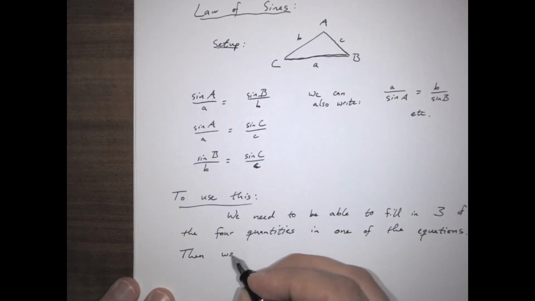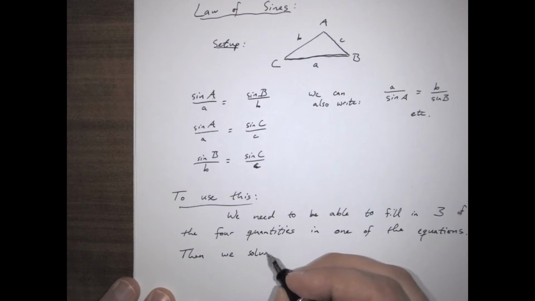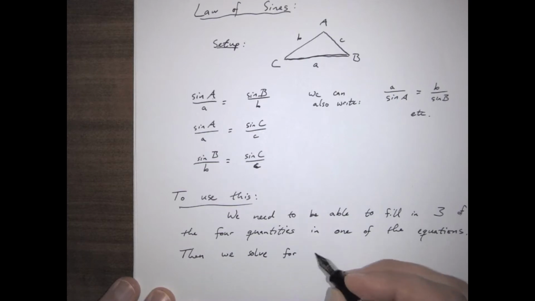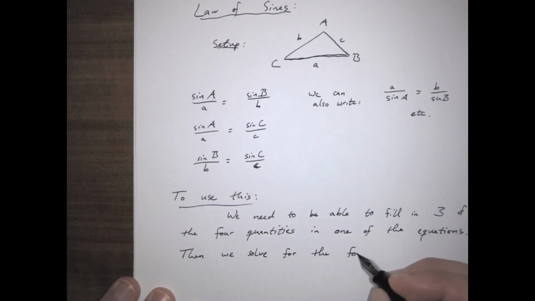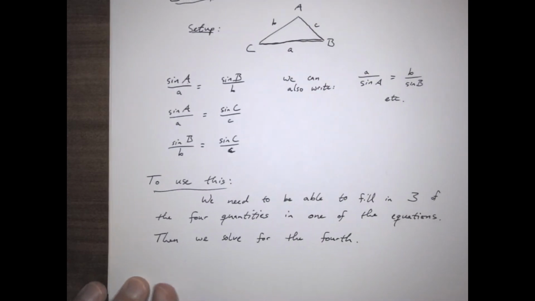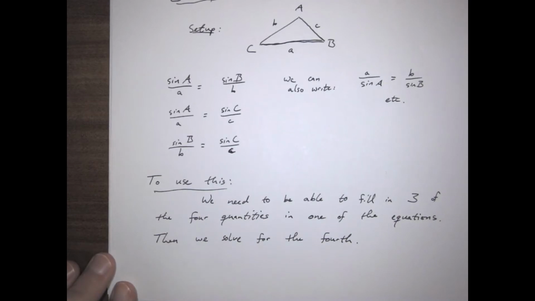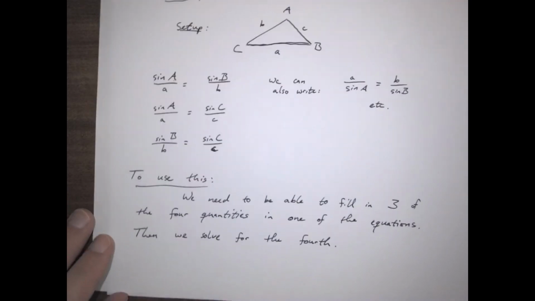Then we solve for the fourth one. So in other words, we need a matching pair, angle and side, plus one other, either angle or side. So that's very good when it works.